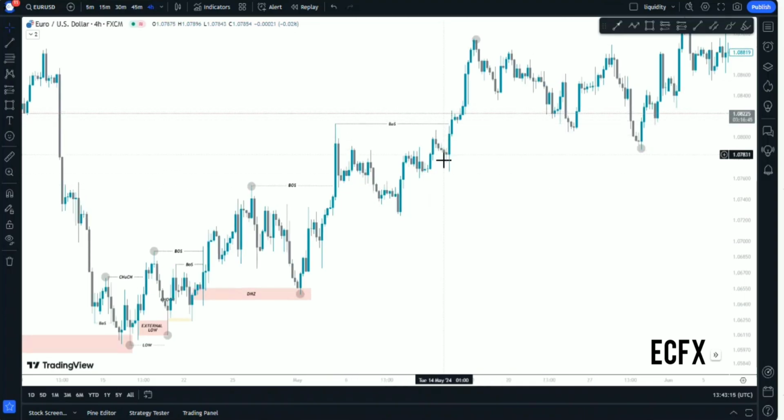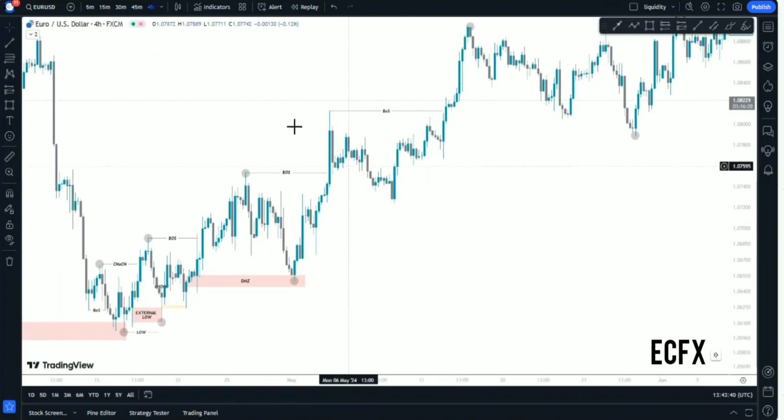So once again, before I go, what I would like to say is always start off on the 4-hour time frame where you can identify a trend and then go down time frame by time frame from 4 hour, 3 hour, 2 hour, then 1 hour, or whatever time frame you feel comfortable with to mark out your highs and lows. So first you start off by marking it out on your 4-hour time frame, then move down to the lower time frames.